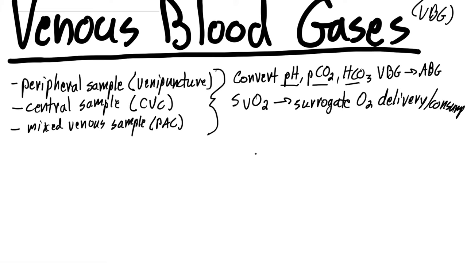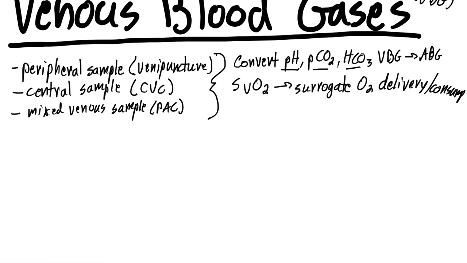All right, so what does a venous blood gas actually measure? Let's do blue. So a venous blood gas measures a few different things. It measures the PVO2, and this is the venous oxygen tension.